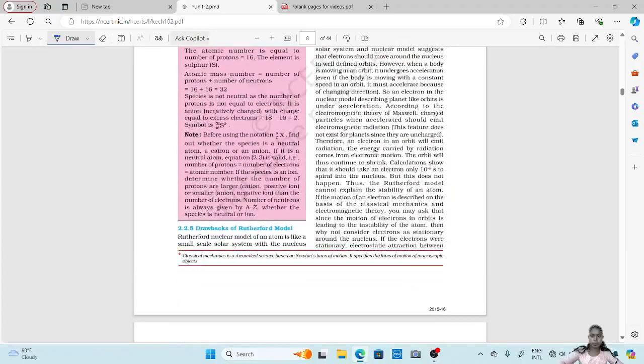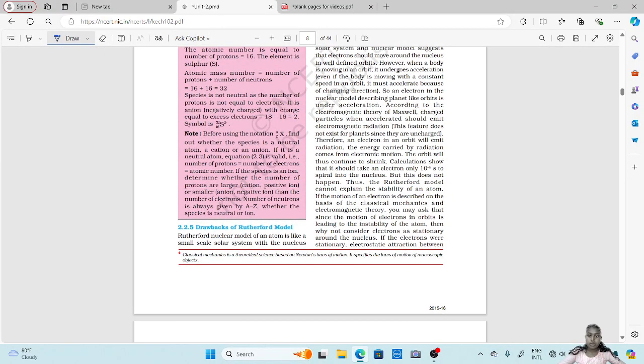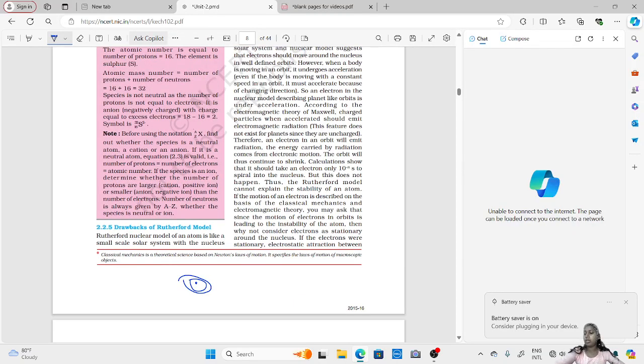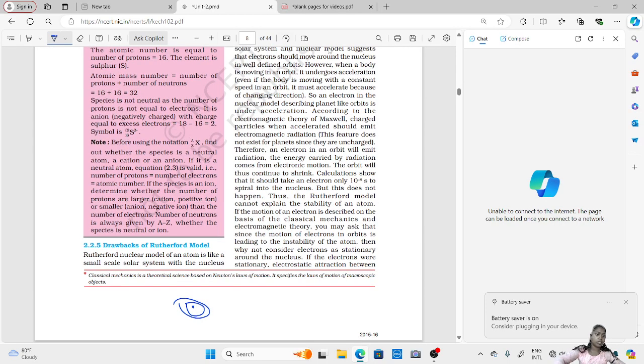Now, what are the drawbacks of Rutherford's model? Rutherford's nuclear model of an atom is like a small scale solar system, as I said, where the nucleus is like the sun and electrons are like planets that revolve around the sun.